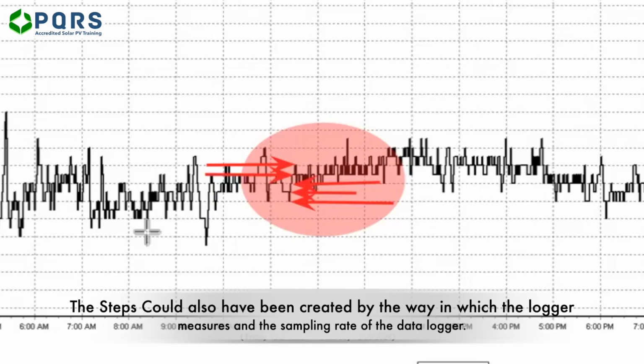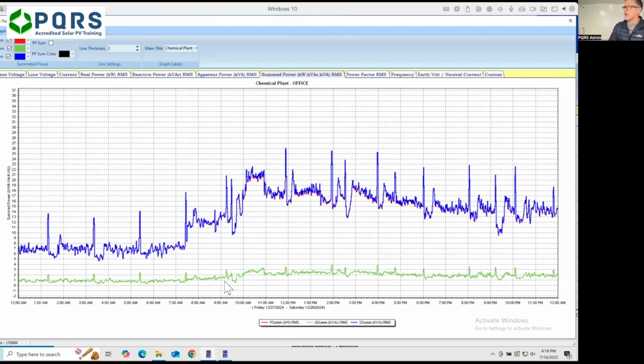What we've got with this particular active filter is that the active filter is continuously measuring and adjusting, measuring and adjusting, measuring and adjusting. Those adjustments are what we see in those steps that are reflected on this particular graph. So now we've got the reactive power, we've got the kilowatt, and we've got the kVA.